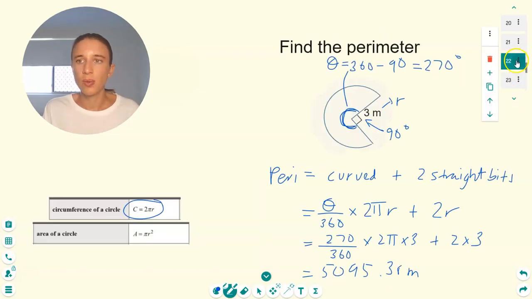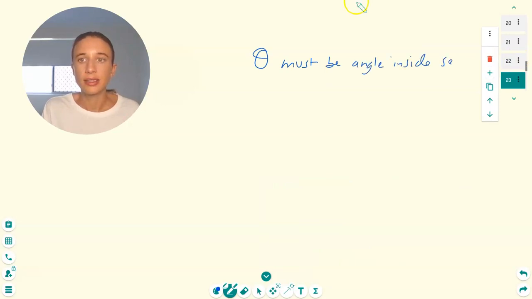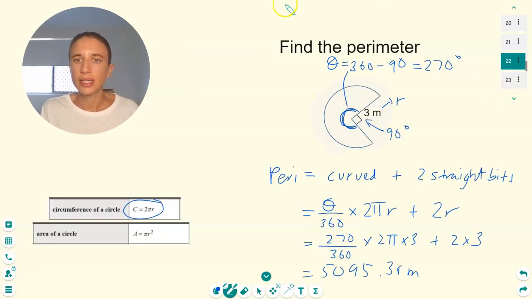So I guess the takeaway is theta must be angle inside sector. And then what's our other takeaway?